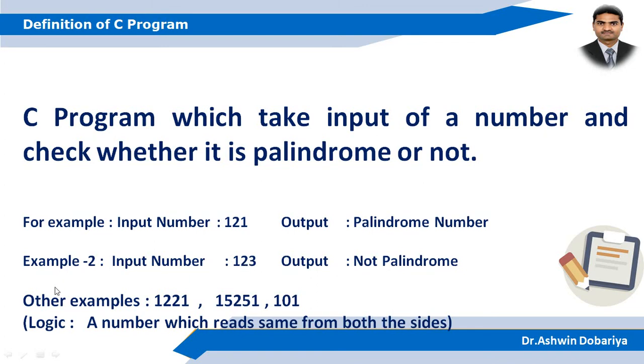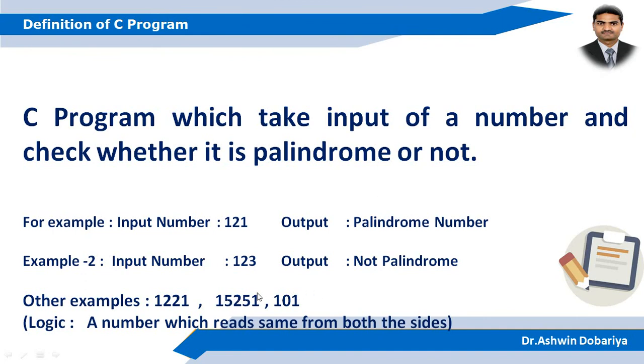Let's look at a different example of a palindrome number: 1221. If we read the number from left to right, and if we reverse this number, it also becomes 1221. Similarly, 15251, and if we read in reverse order, it is also 15251. Similarly 101.